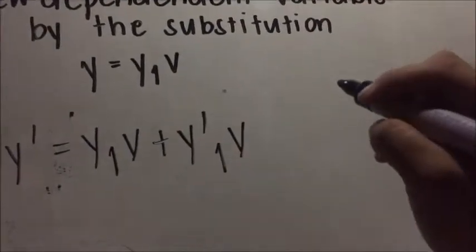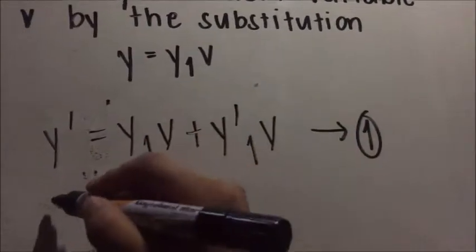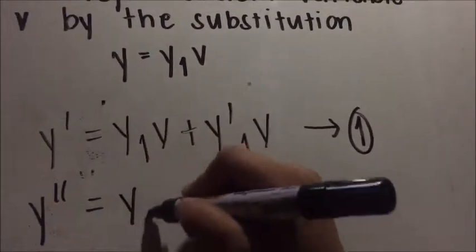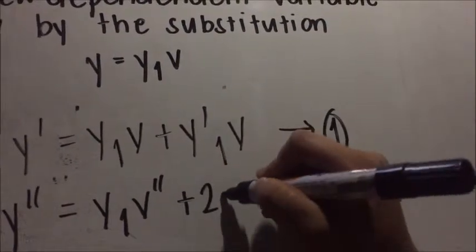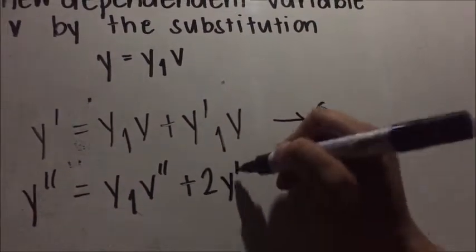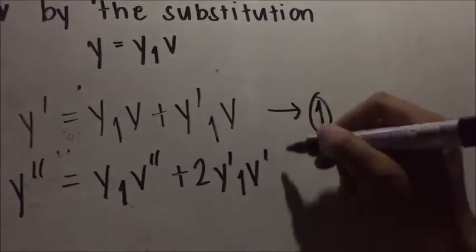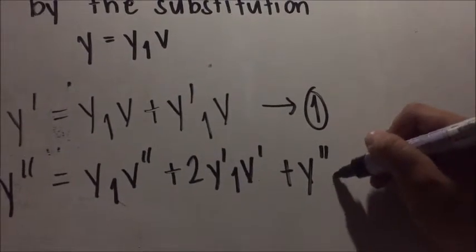Then y prime is equal to y1 v prime plus y1 prime v, this is equation 2, and equation 3, which is y double prime is equal to y1 v double prime plus 2 y1 prime v prime plus y1 double prime v.